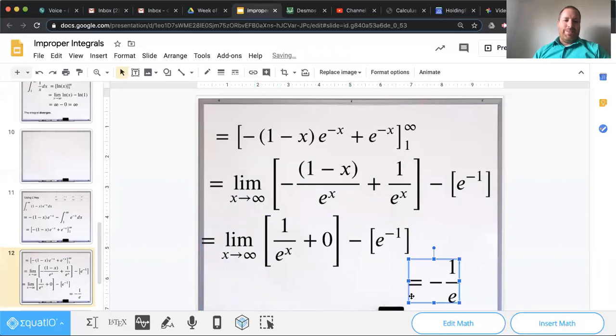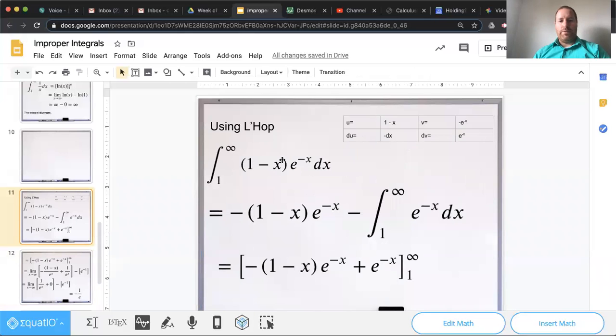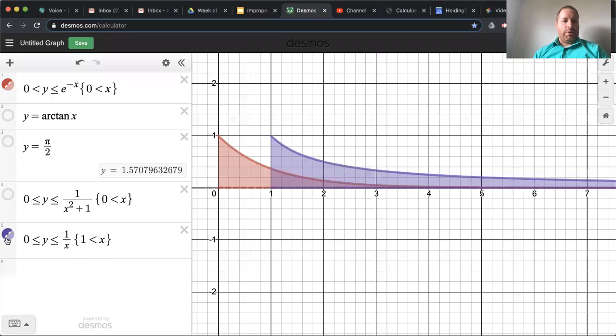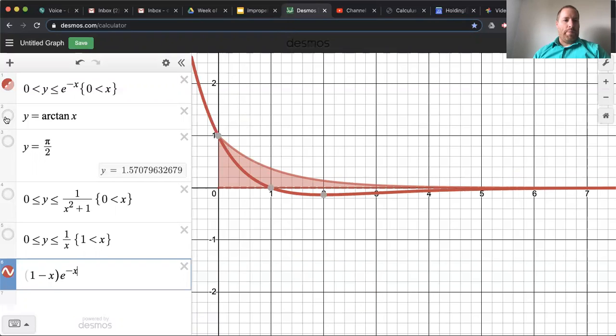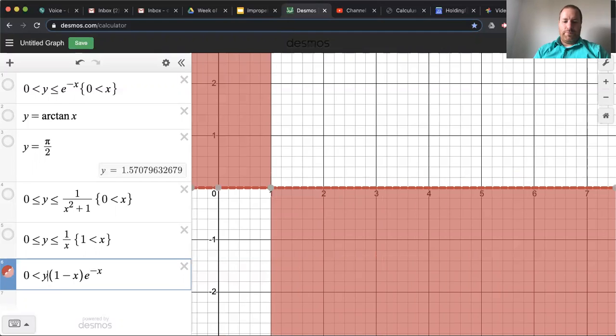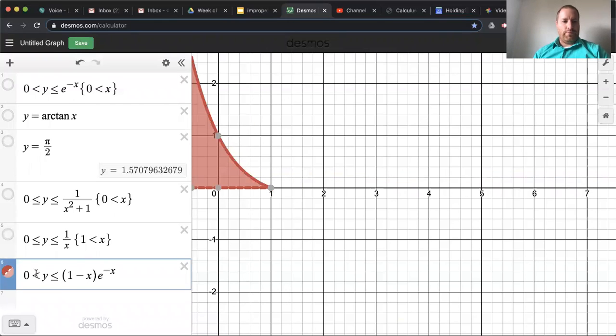And if we want to look at why does that thing look the way it does, we say, well, we have this function, 1 minus x times e to the negative x. So I would again take this as 1 minus x times e to the negative x, right? And what we're trying to look at here, let's flip these around.